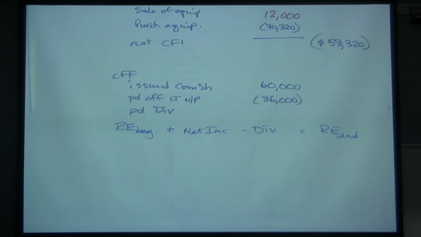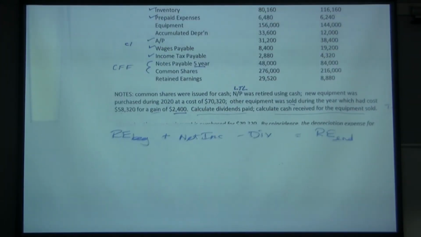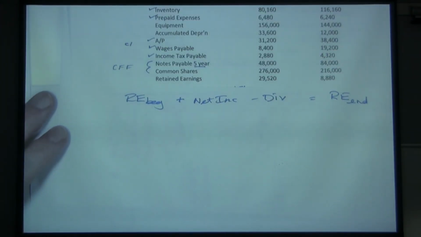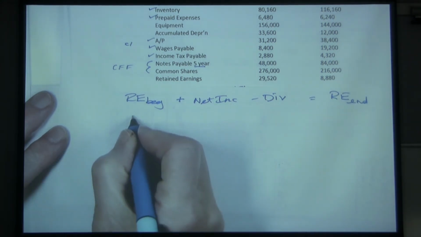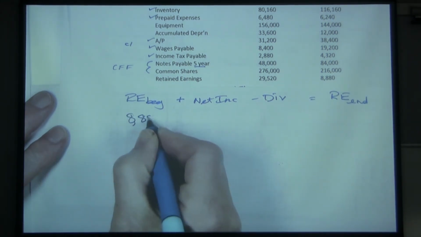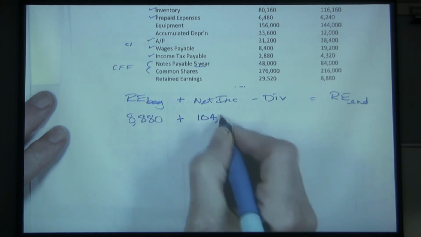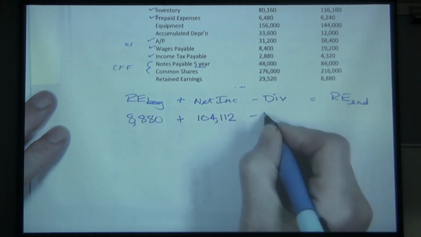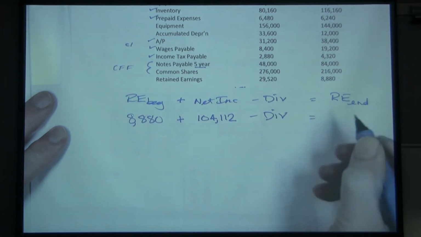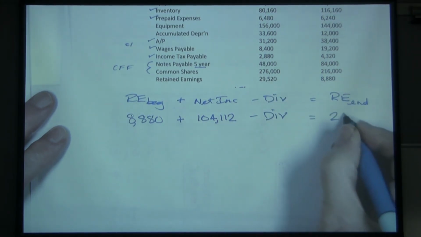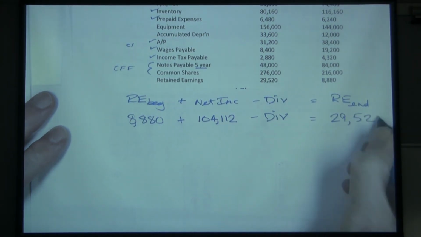Let's go back to the statements to see. Our beginning retained earnings was 8,880. Our net income was 104,112 minus dividend amount paid. Our ending retained earnings is 29,520.